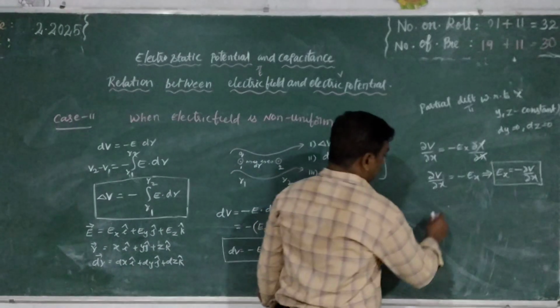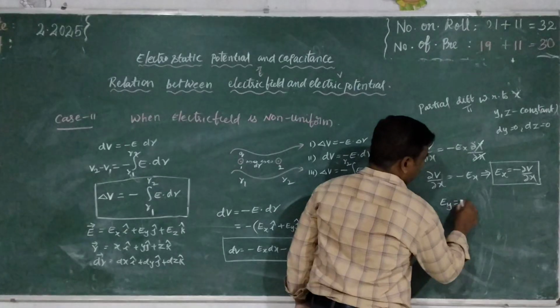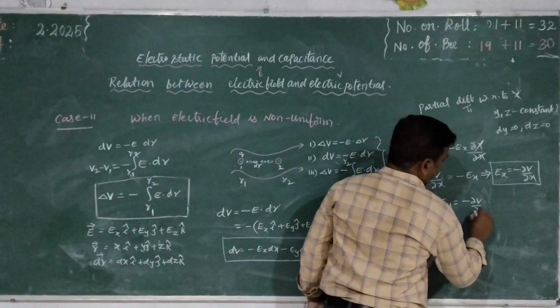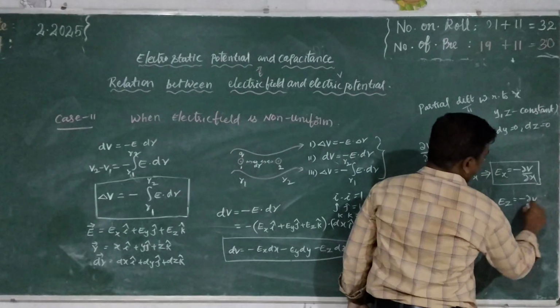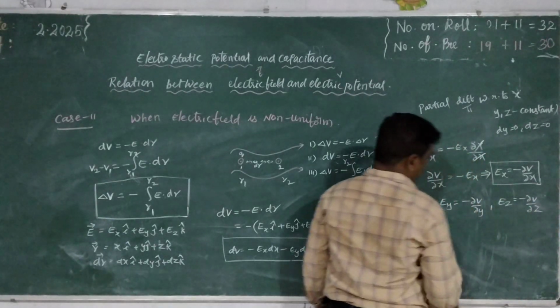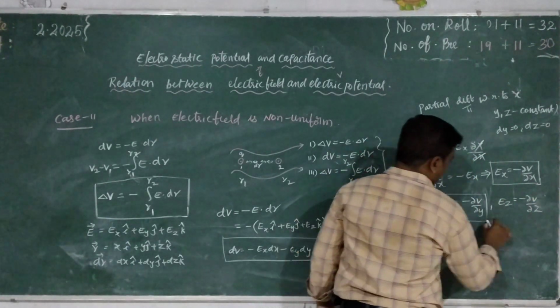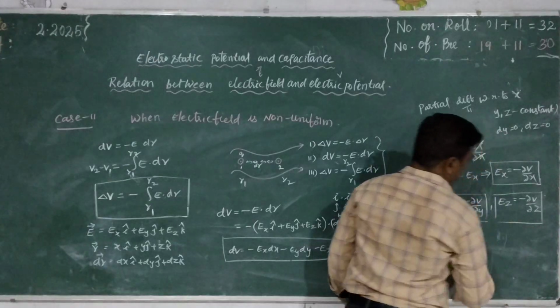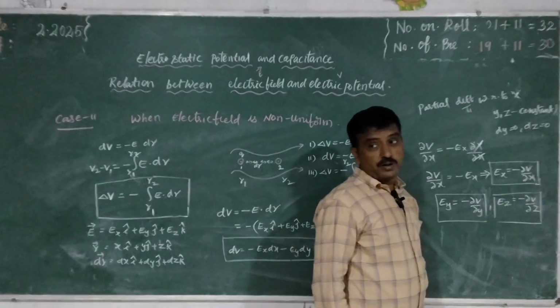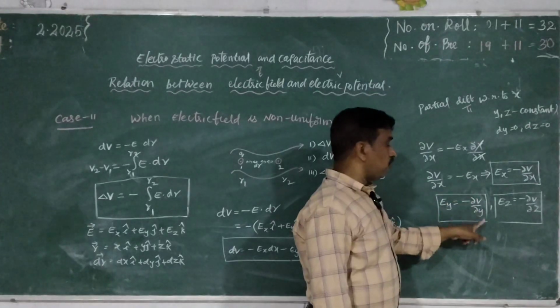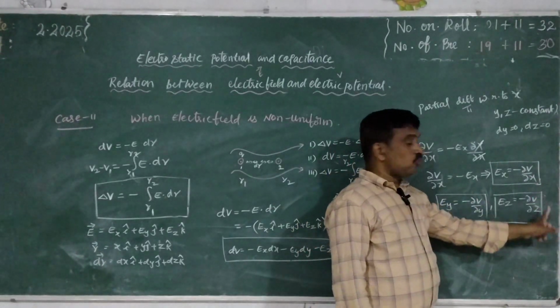Similarly Ey equal to what we get, minus dou V by dou y, and similarly Ez equal to minus dou V by dou z. These are the three terms we are getting after partial differentiation. With respect to x, Ex equal to minus dou V by dou x, y, minus dou V by dou y, z, minus dou V by dou z.